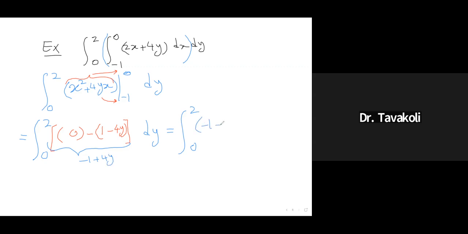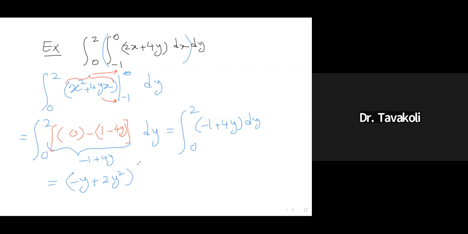So -1 plus 4y dy. Now, this is like a simple calculus 1 problem. The antiderivative of -1 with respect to y is -y. And the antiderivative of 4y is 2y squared.